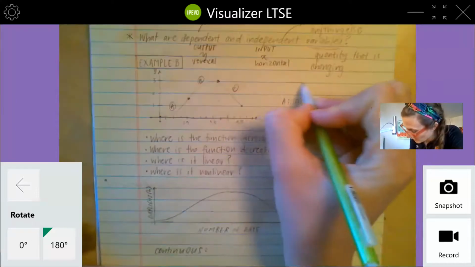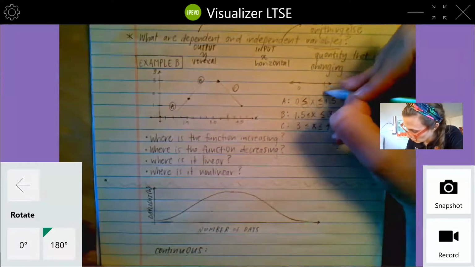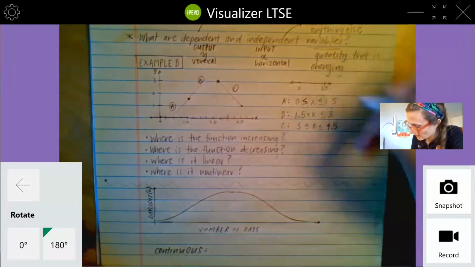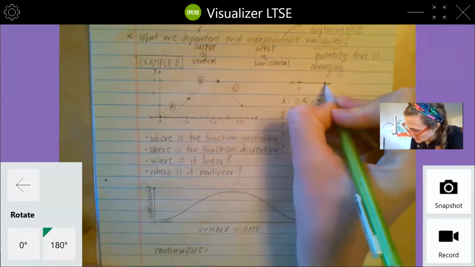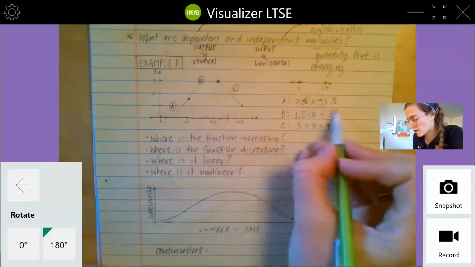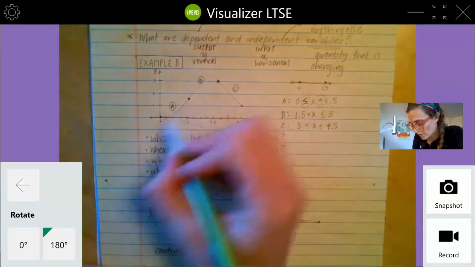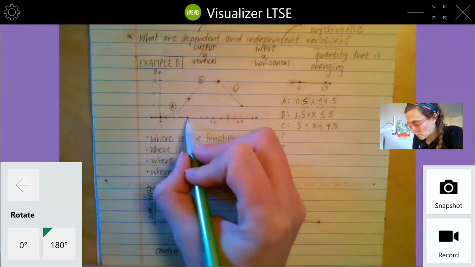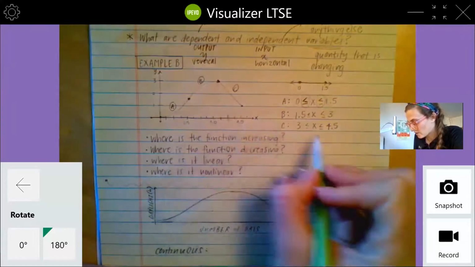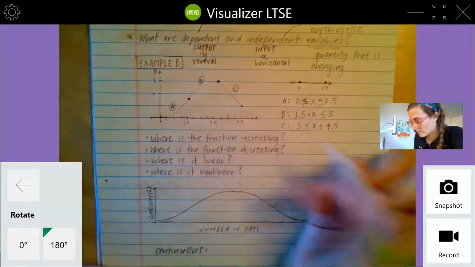On a number line, it would be from 0 to 1.5, so anywhere between here and here. It's just naming this interval when X is between 0 and 1.5, when X is between 1.5 and 3, when X is between 3 and 4.5, okay?